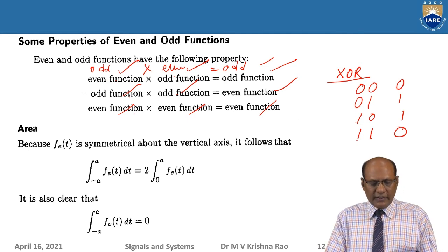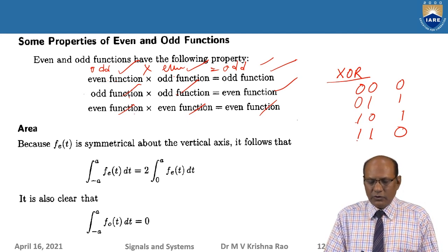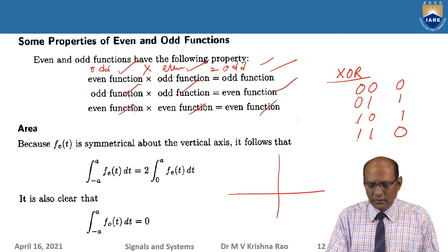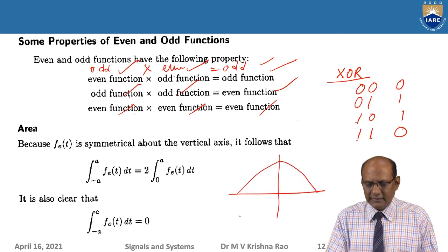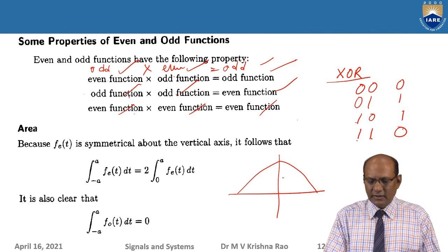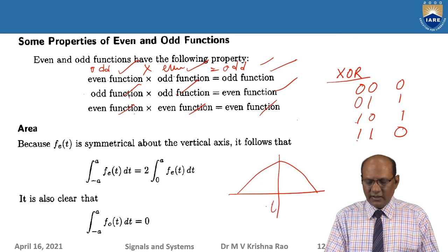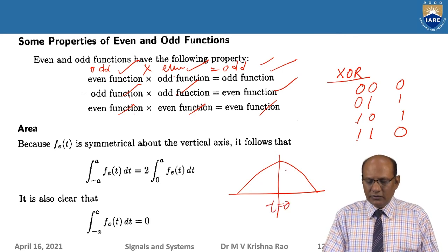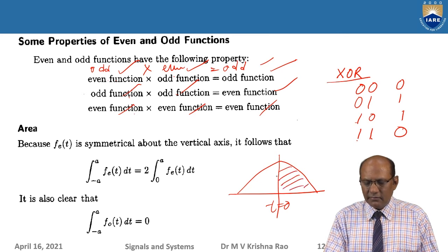Okay. Now let us find the area. What about the area? Let us take something like this, an even function, which has the same shape on both sides of the vertical axis. Now this area and this area are both the same. Correct?